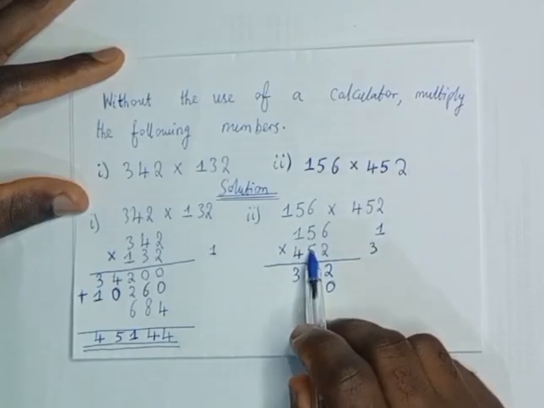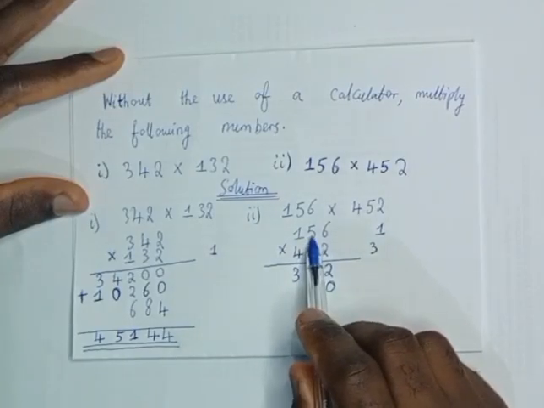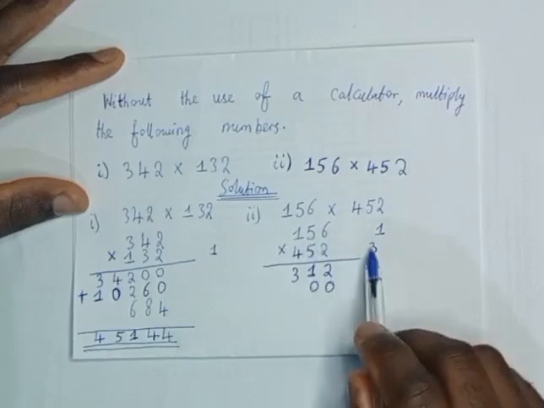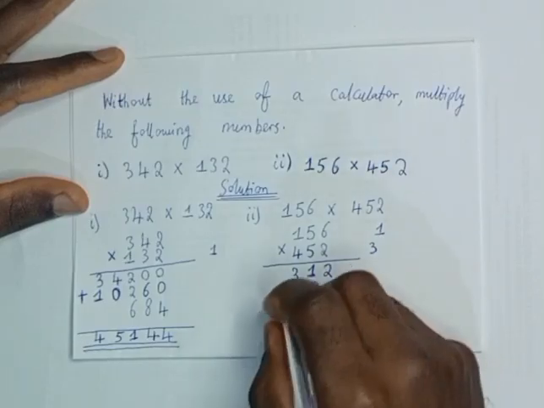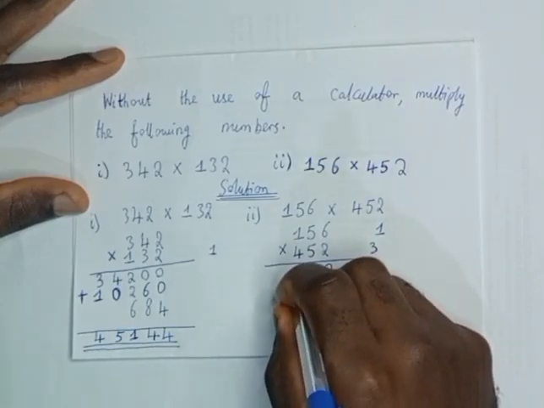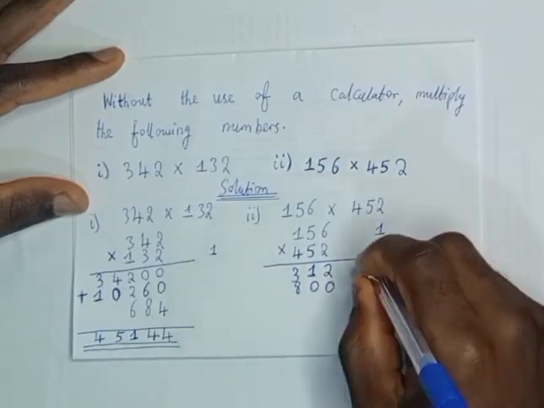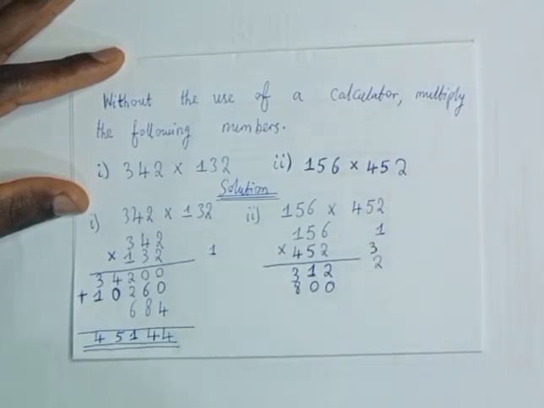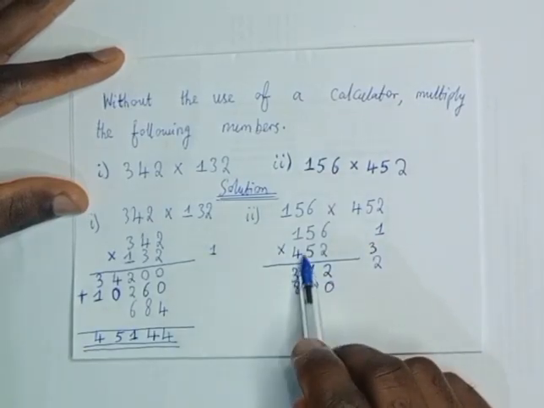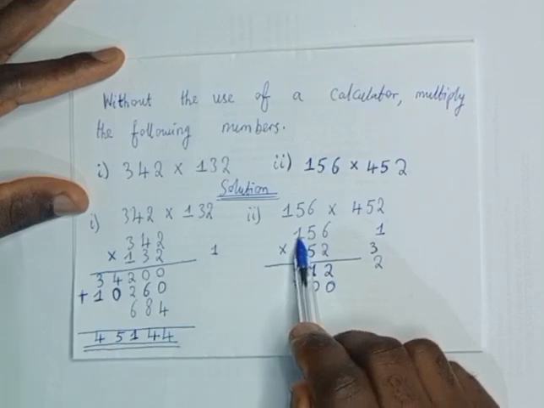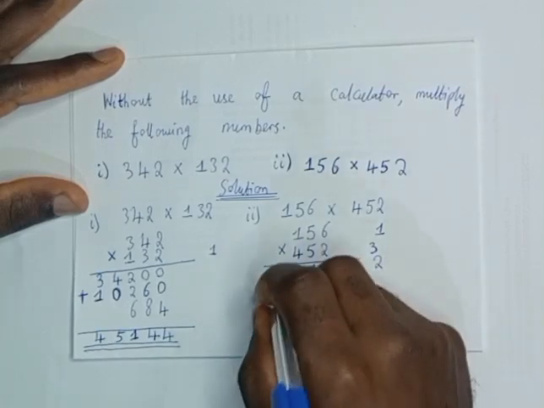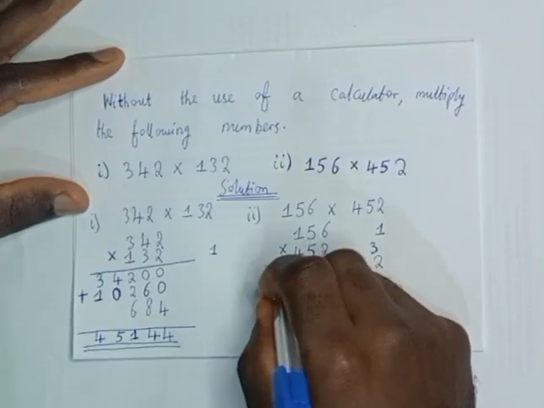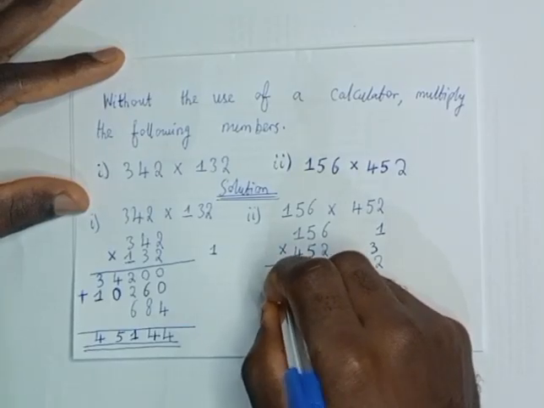We move to the next. 5 times 5 gives us 25, plus 3 we carried, it gives us 28. We write down the 8, then we carry 2. We move to the next. 5 times 1 remains 5, plus the 2 we carried gives us 7. We write down the 7 as the next higher place value.